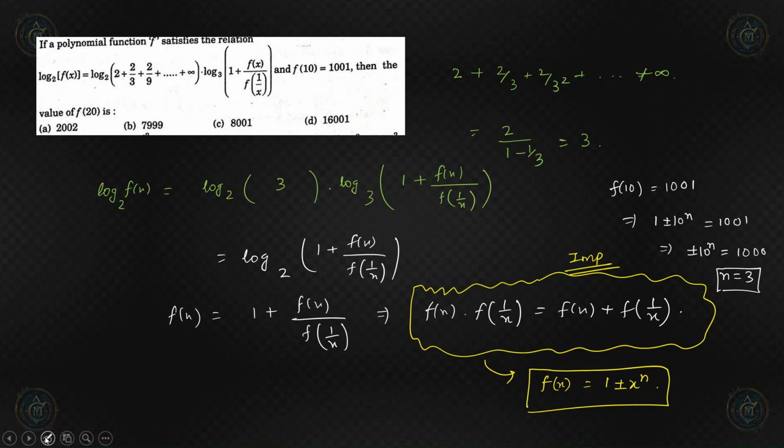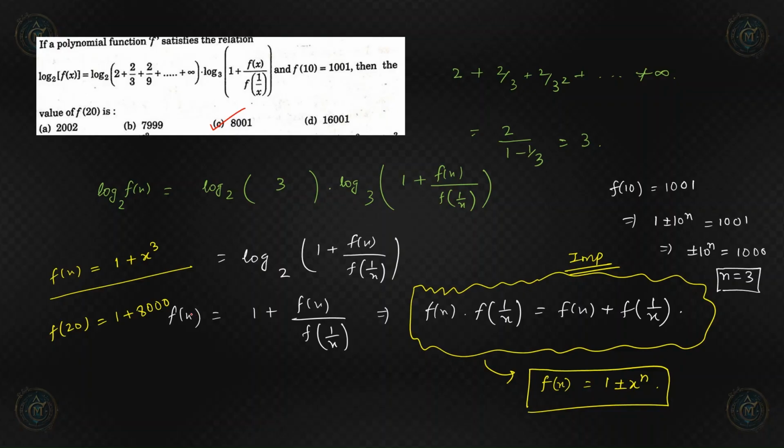So our f(x) is 1 plus x cubed. The value of f(20) will be 1 plus 20 cubed, so 1 plus 8000, which is 8001. So the correct option here will be option C.